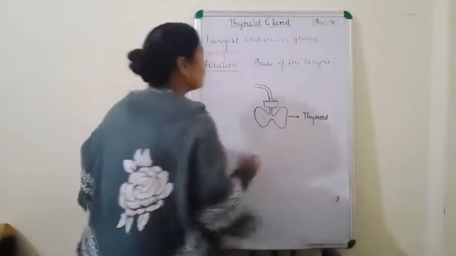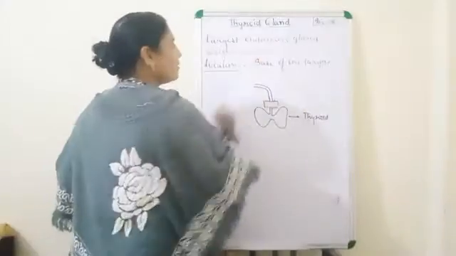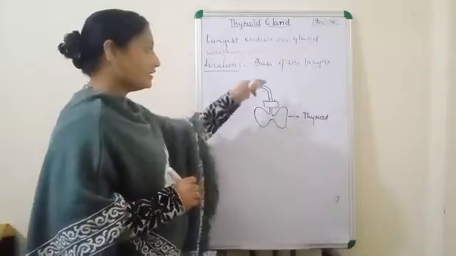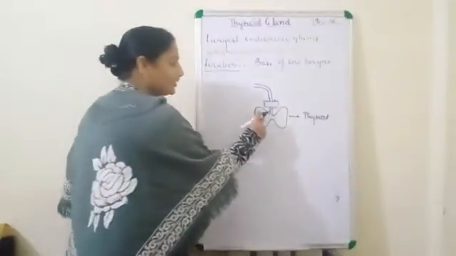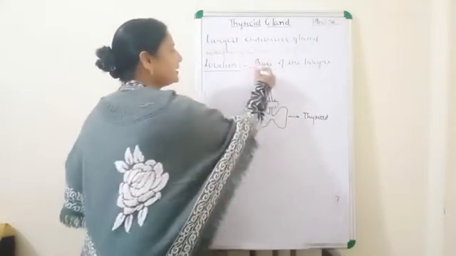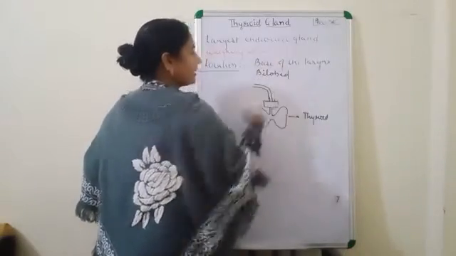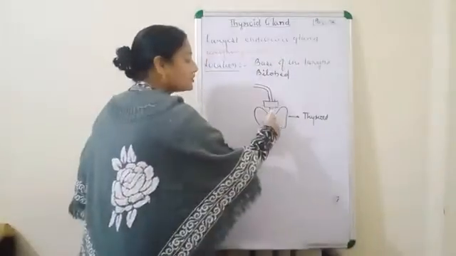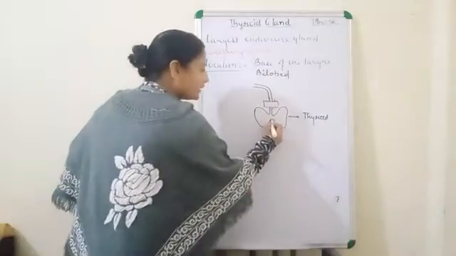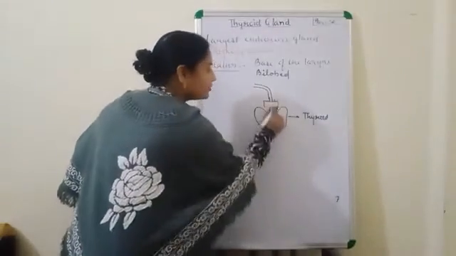Now, what is the location? This is found at the base of the larynx. From the figure, children, it is clear that this thyroid is bilobed. The two lobes are located on either side of the trachea.